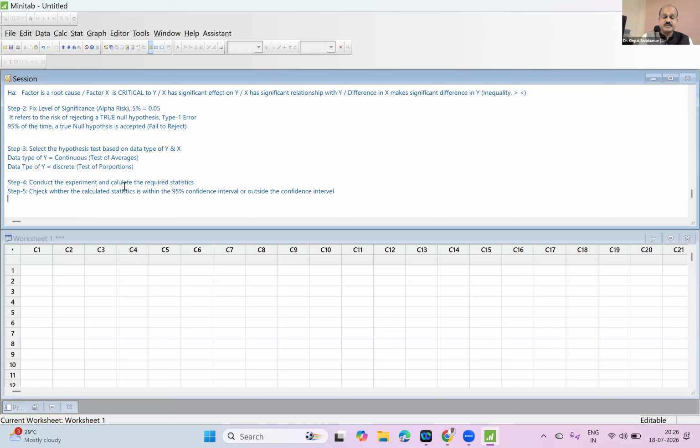So here, if the calculated stat is found outside the interval, what interval? Confidence interval. Then we should reject the null. Otherwise, we fail to reject the null.